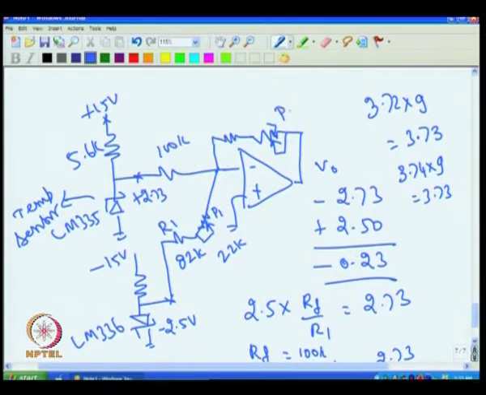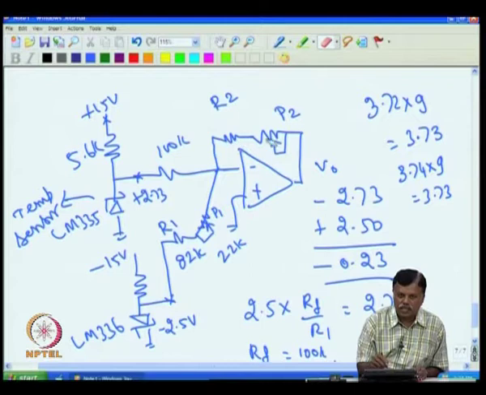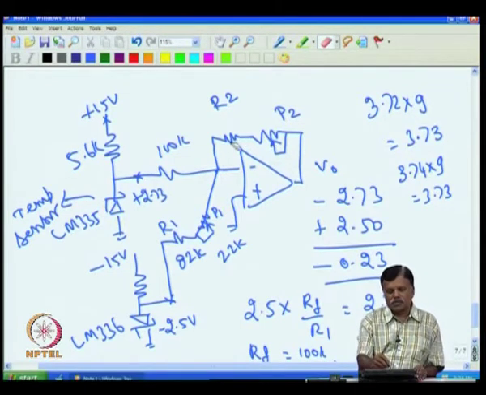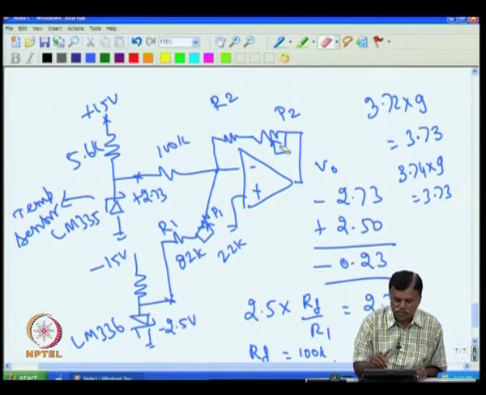I call this P2 and this resistance R2. So, at any given time the combination of P2 plus R2 should give me the gain. If I want a gain of 1, then R2 plus P2 should be 100k. If I want more than 1 gain, then P2 plus R2 should give me more than 100k. If less than 1 gain, then this combination should give me less than 100k.